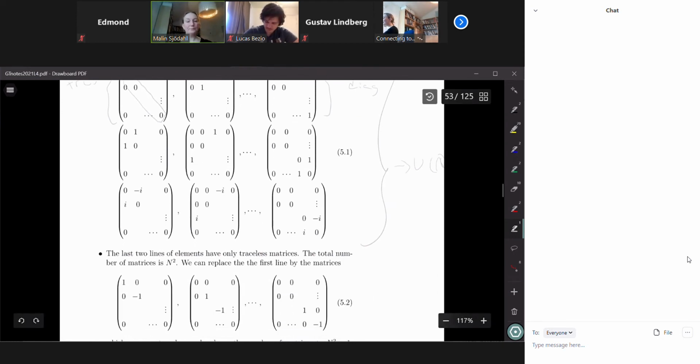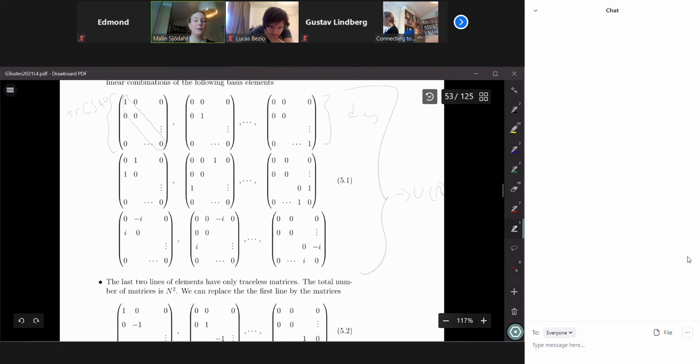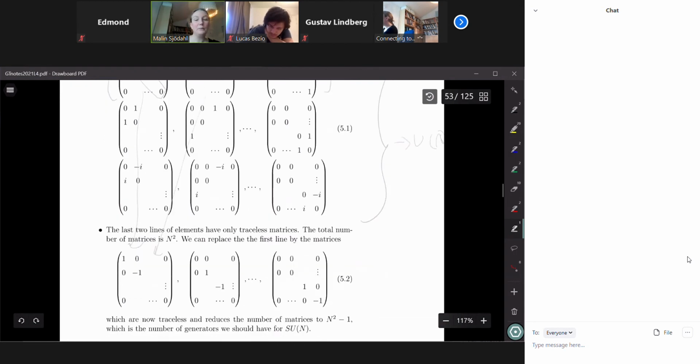But we can simply form linear combinations of them, giving us traceless generators. So if we just take this guy minus this guy such that we have this matrix, etc., we will have another set of traceless Hermitian generators.